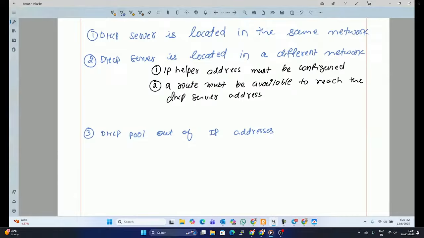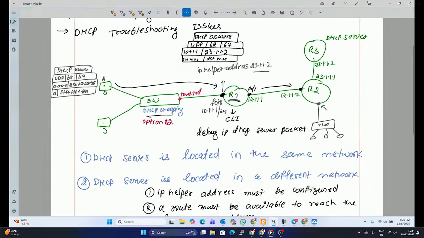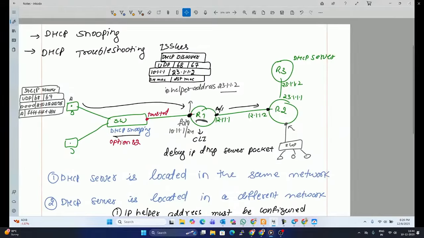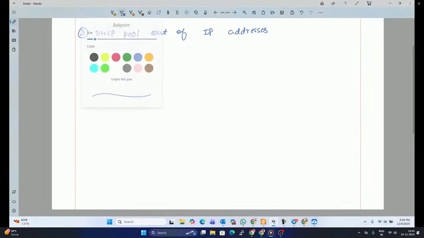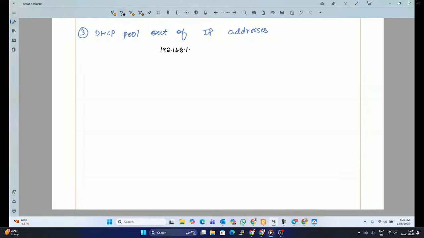Whenever we assign an IP address to a host, on this router, either R3 or whichever is configured as the DHCP server, we always create a DHCP pool. How did we create the DHCP pool? Let's say the pool is 192.168.1.0/28. Let me ask you guys, if I create this DHCP pool, it's a /28, okay? How many IP addresses can this DHCP server offer?